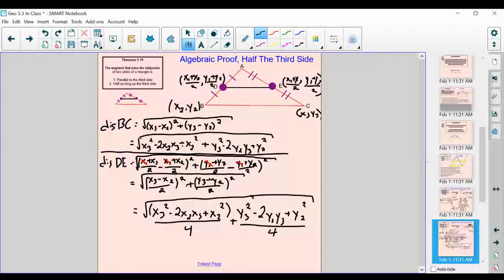So now we end up with the square root of that.